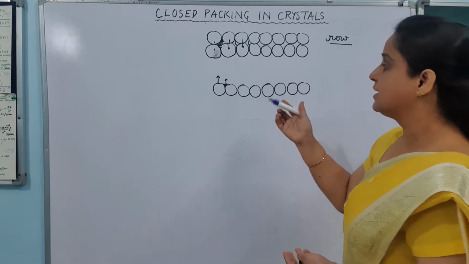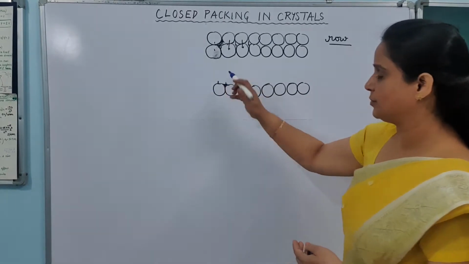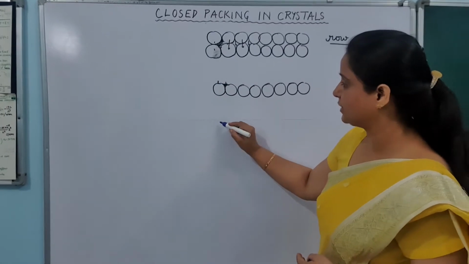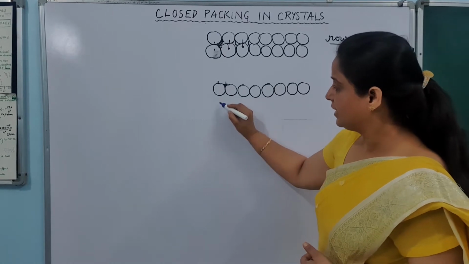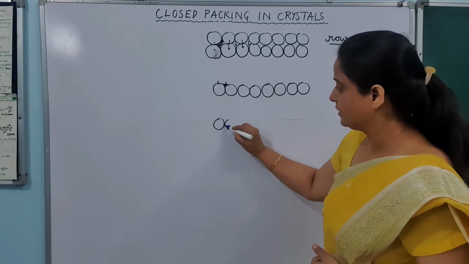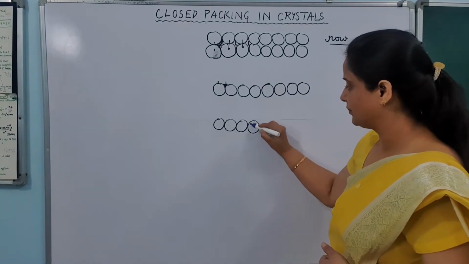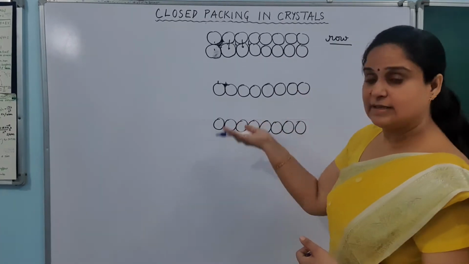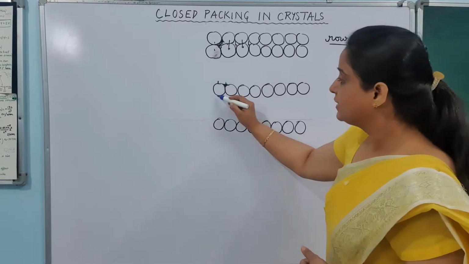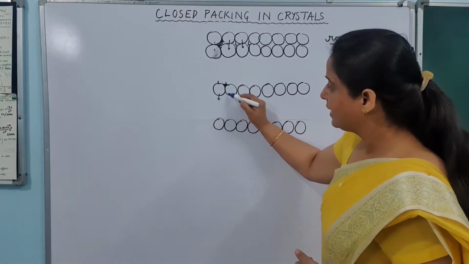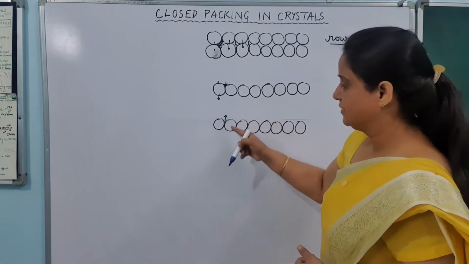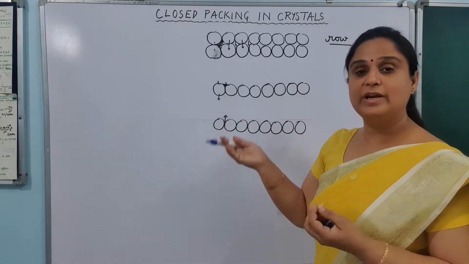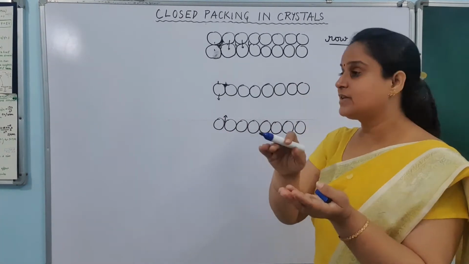Another option: if I have this row and I am going to connect it with another row, this time I set it in such a way that the ball and the groove of this second row lie over each other.